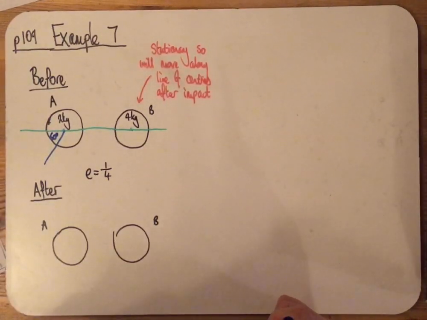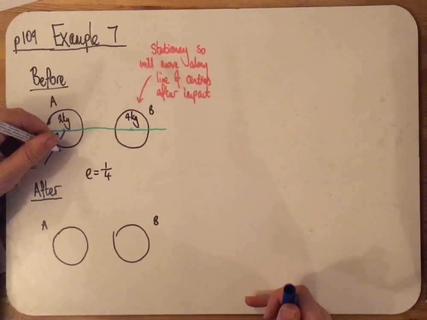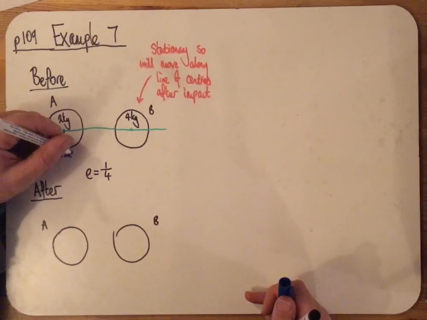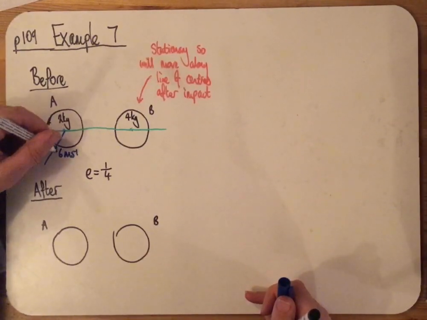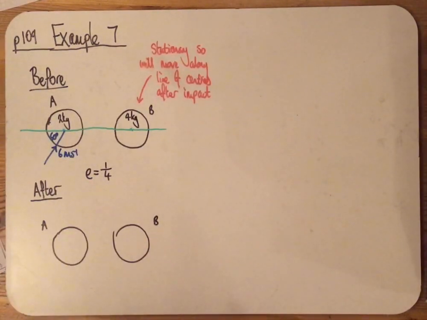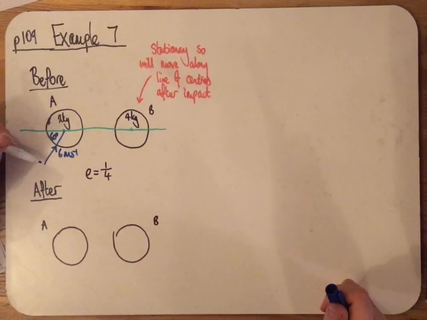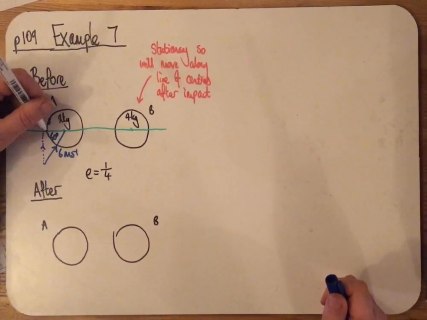And the speed is 6, like so. And then the way to split these is to think about what's happening perpendicular to the line of centres and parallel to the line of centres.